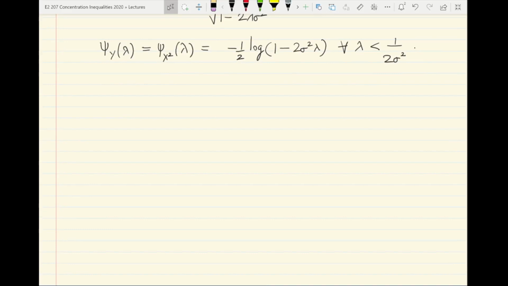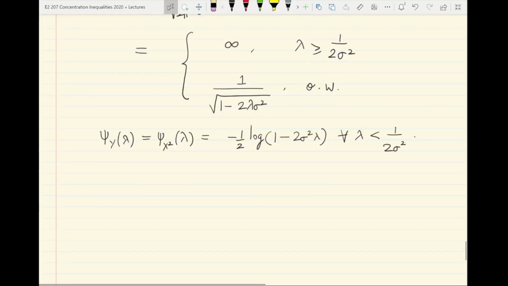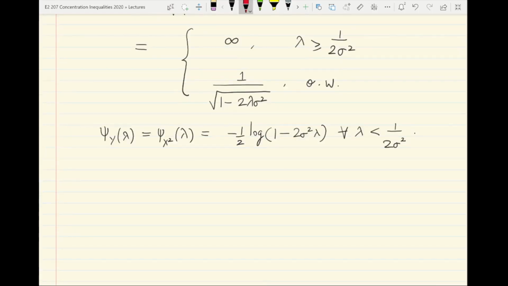Okay, so recall that y is x square, and let's center y. Just to paint a picture of how things look, y is x square. So if you plot the density of y, it will basically look something like this. And we know that the expected value of y, which is the expected value of x square, is sigma square.